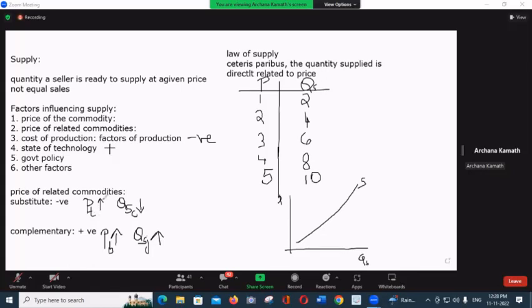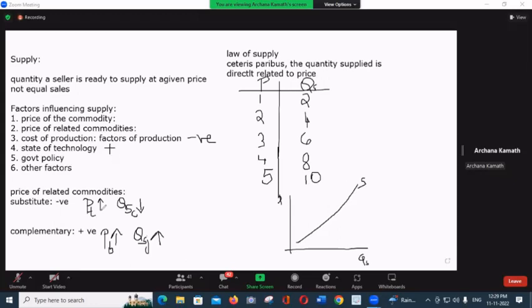Why? Because when a seller is selling tea and the price of tea is increasing, the seller will be in a position of supplying more of it and less of its related commodity in terms of substitute goods. See, I am a tea seller. I will also be providing coffee. When I come to know that tea has higher prices, when the customers come, will I ask them to have coffee or tea?